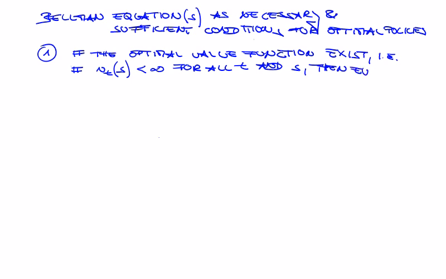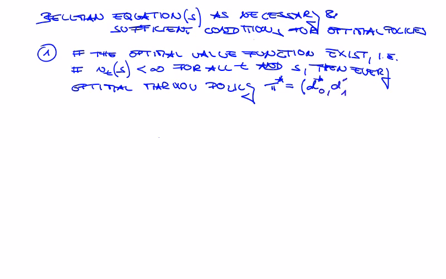Then every optimal Markov policy, Markov in the sense that it only depends on the current state, pi star. The star is for optimal, and as you remember, a policy comprises decision functions, and an optimal policy, of course, only consists of optimal decision functions.